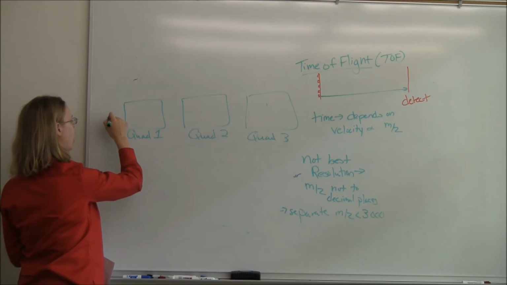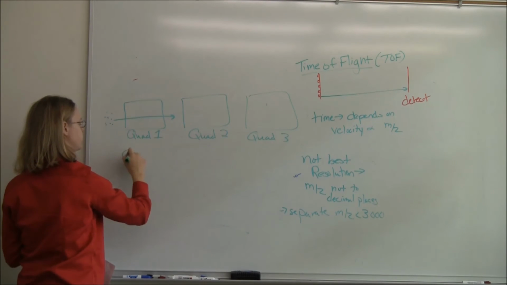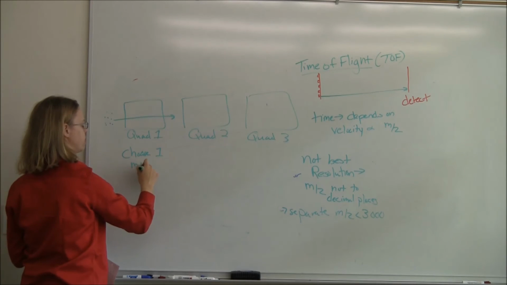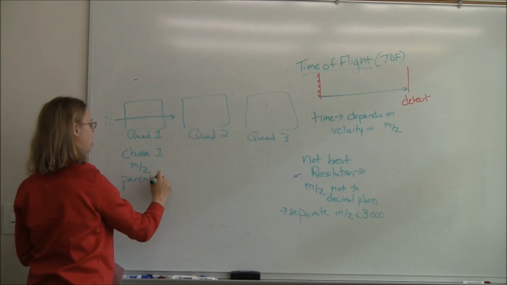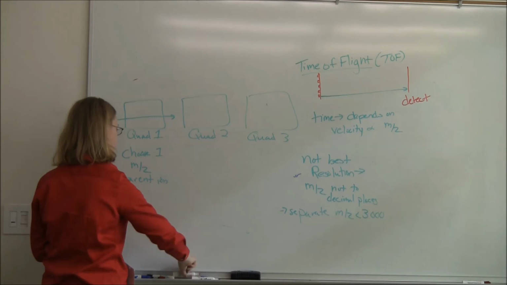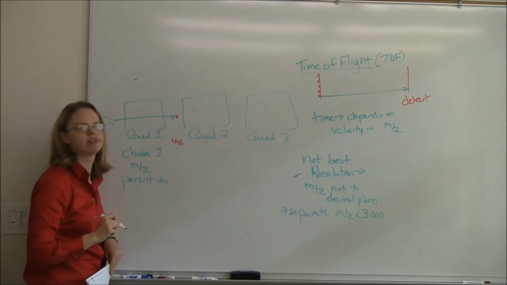So you make your ions, and your ions start here. And at the first quadrupole, you choose one mass to charge ratio that you want to look at. And this is actually called choosing the parent ion. All right, so you choose one ion. You say, I want to look at an ion, let's say, that has a mass to charge ratio of 446, something like that.